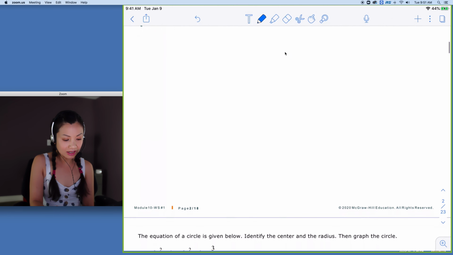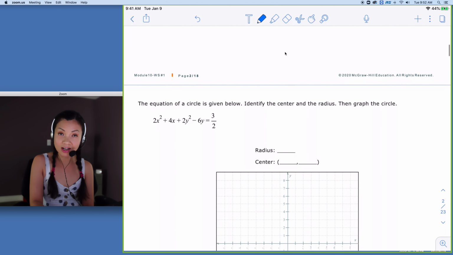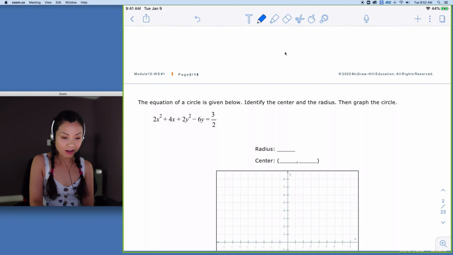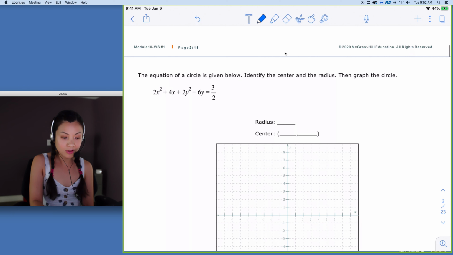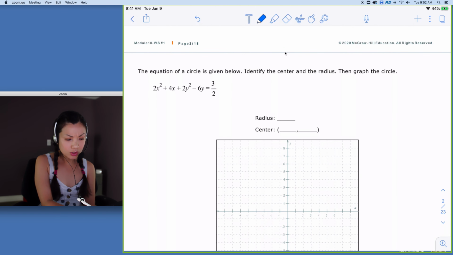Okay, number 3. Same thing, right? We do not have the standard form, so we're going to have to rewrite. Now, notice that what I have right here is the 2 in front.